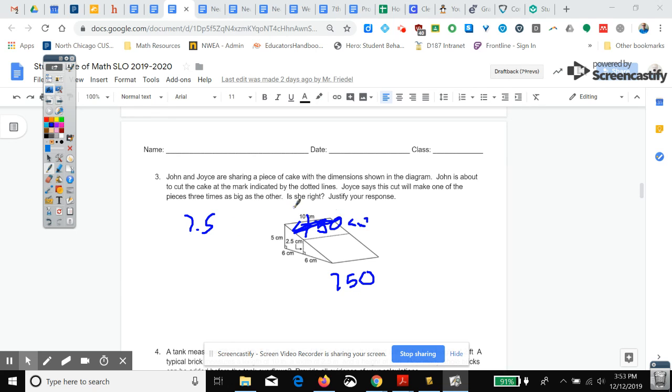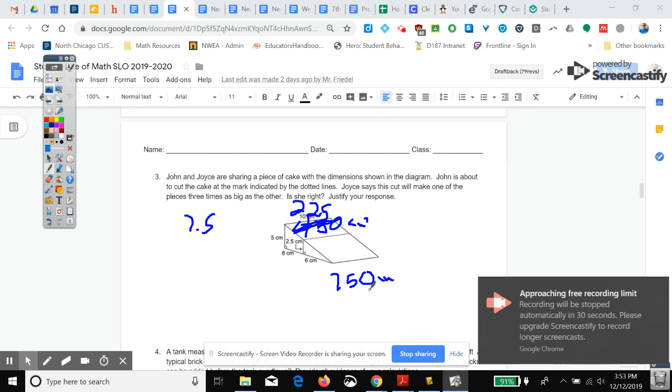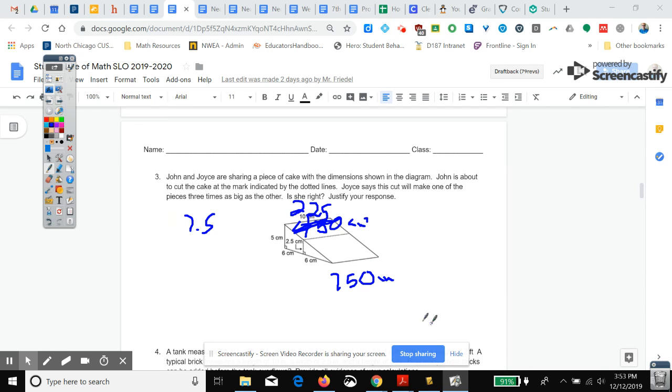I did this one wrong, so it's 225 centimeters cubed, and this one is 750 centimeters cubed, and 225 times 3 is 750. So yes, it is 3 times as big, and I can prove it because the volume of this times 3 is equal to the volume of this.